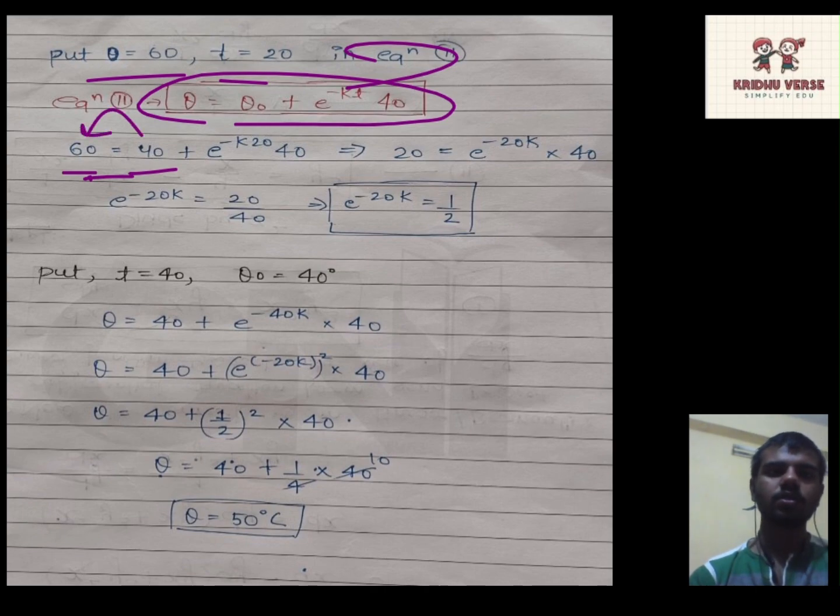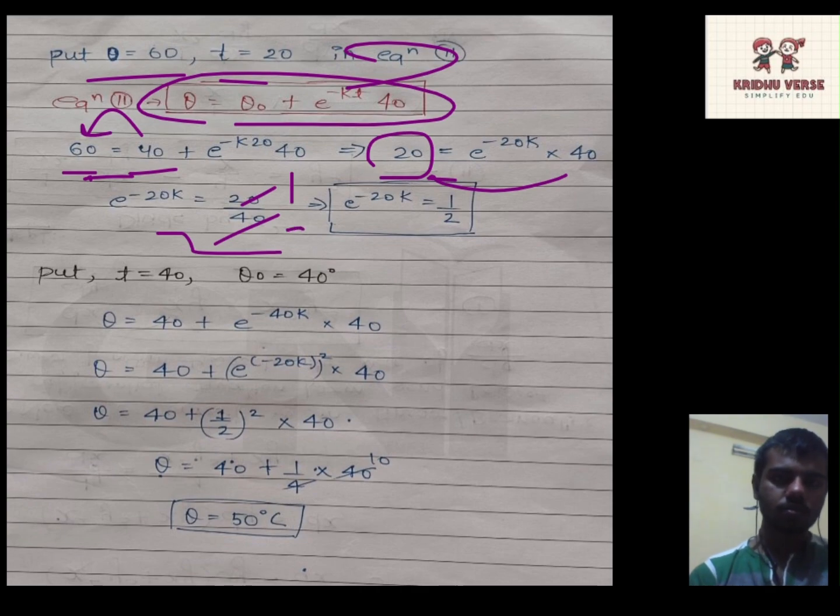So 60 minus 40 equal to 20 we got here, equal to e to the power minus 20k into 40. Now this 40 we send to this side. So e to the power minus 20k equal to 20 by 40, which is 1 by 2. So e to the power minus 20k equal to 1 by 2. We take this as equation number 3.